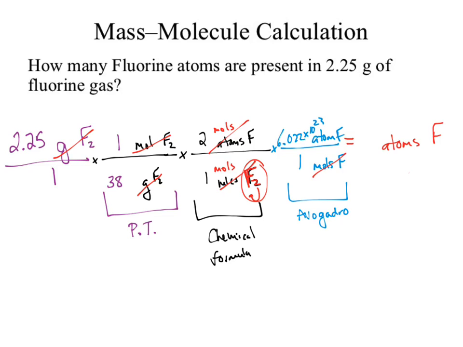Yeah. Okay. This is where someone can make 2 mistakes and get the answer right. What are the 2 mistakes? Instead of writing 38, they would write 19, which is not the molar mass for F2. They can get away with that if they don't do the other conversion.